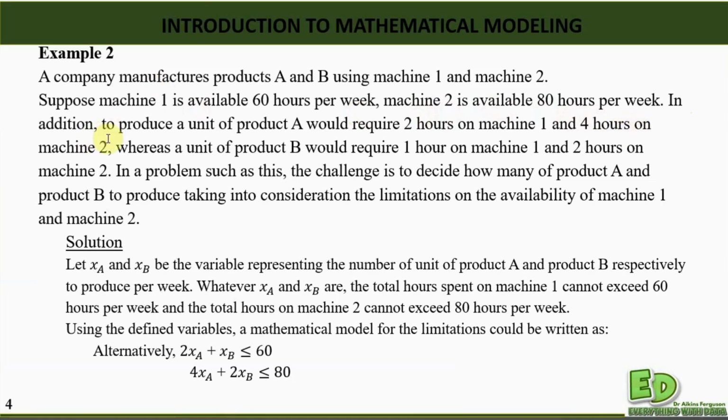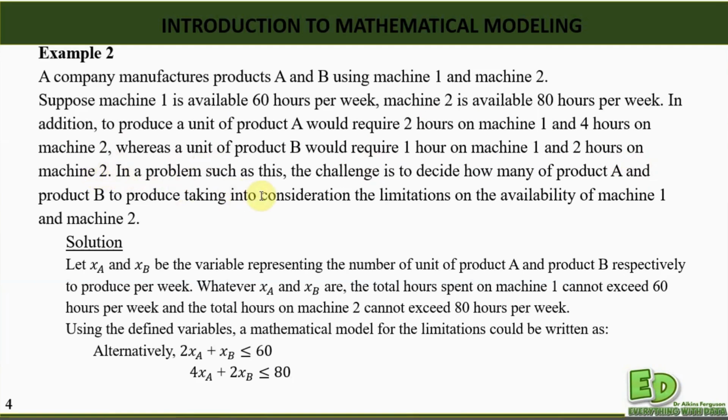In addition, to produce a unit of product A would require 2 hours on machine 1 and 4 hours on machine 2, whereas a unit of product B would require 1 hour on machine 1 and 2 hours on machine 2.